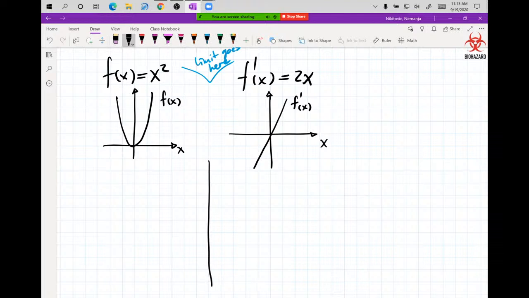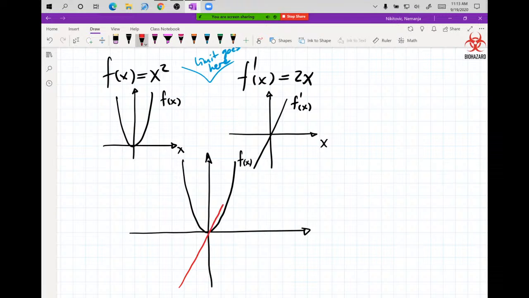So now I'm going to draw this again in black. We have our x squared original function. I can call it f of x. And in red, we have our derivative.